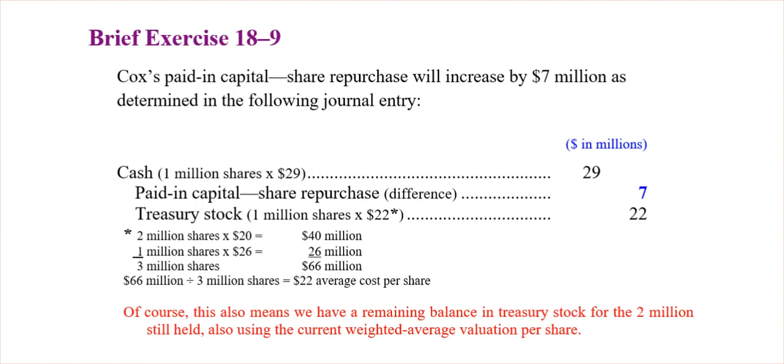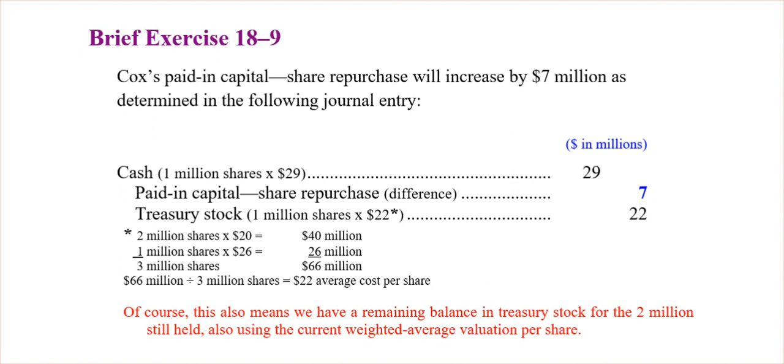So here we have this doing weighted average. In weighted average, we said that the 1 million shares we sent back out, took out of our treasury box, so to speak, and we got 29 million in there.